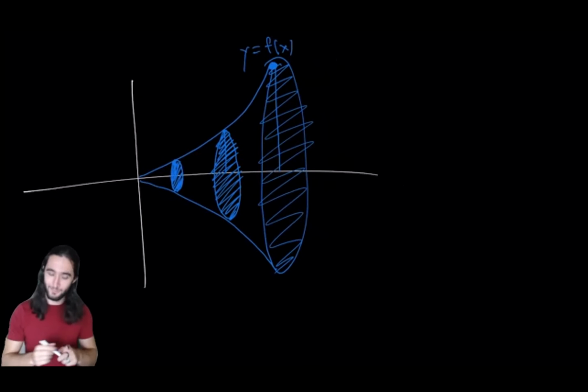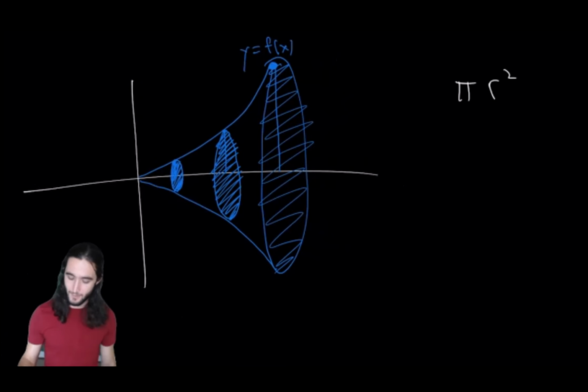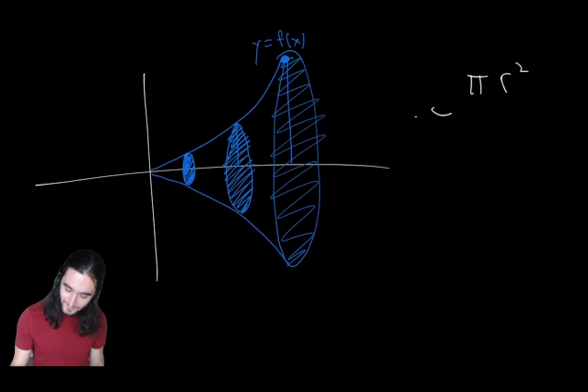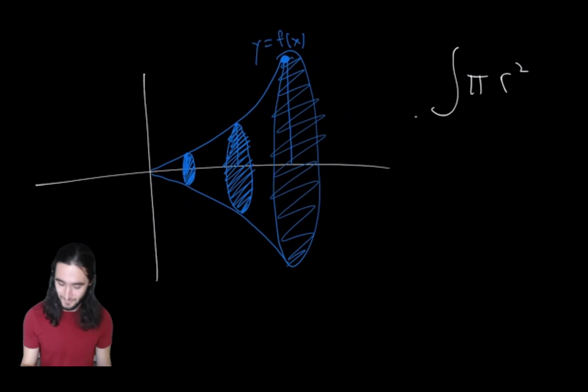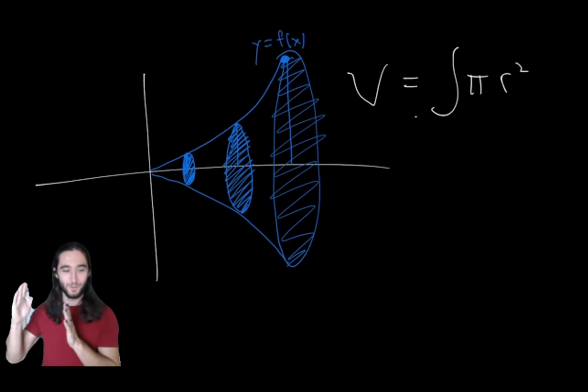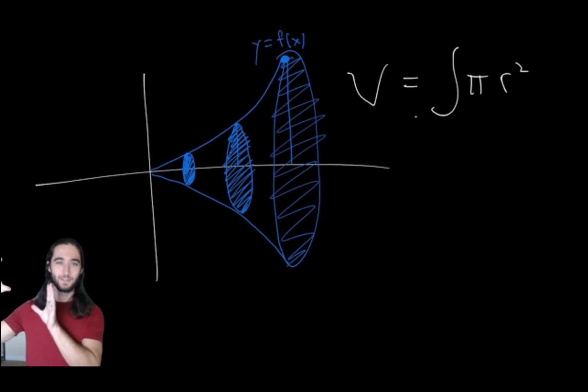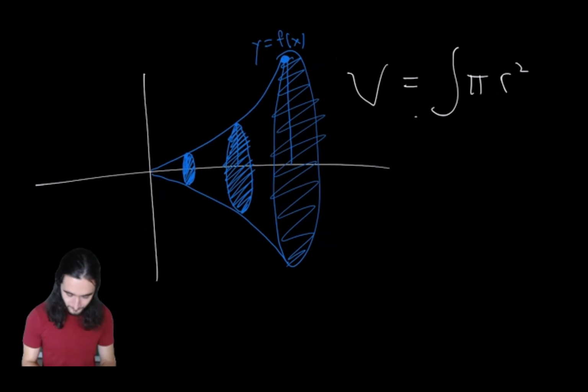So intuitively, it's like if you have the area of just one of those circles, but then you sum them all together, well, then that's going to be the volume of the whole thing, right? So fundamentally, that's what's going on, is that you're adding up all of these circles and stacking them together to make the full shape.